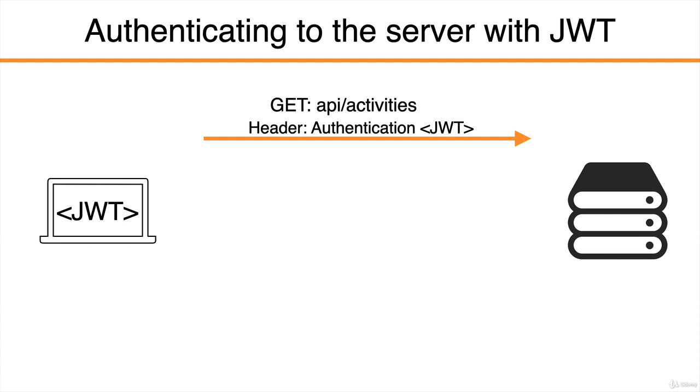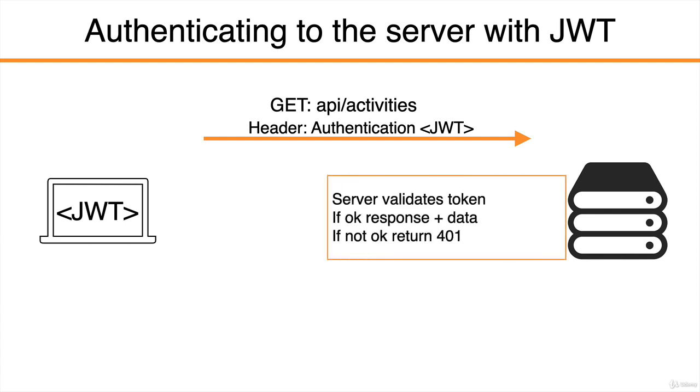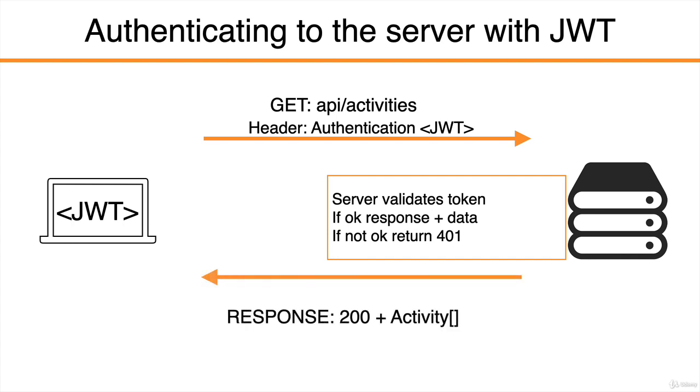Now the server is going to validate the token, and it's going to compare the signature using its token key that it has stored on the server to make sure that the token hasn't been modified or manipulated in any way, and it's a valid token that the server can authenticate against. And if the token's okay, the server responds okay, along with the activities in this example, back to the client.